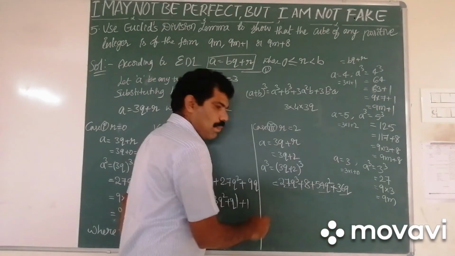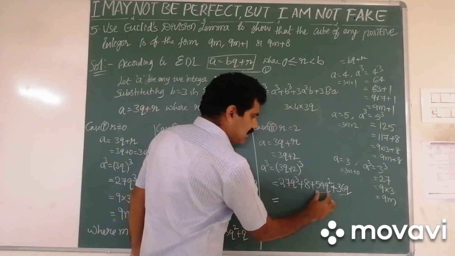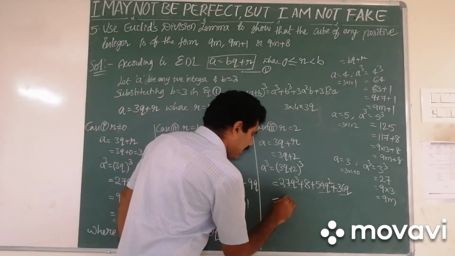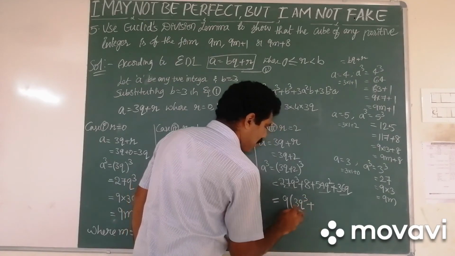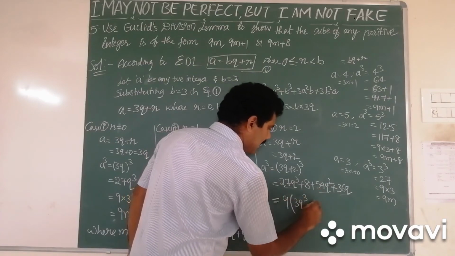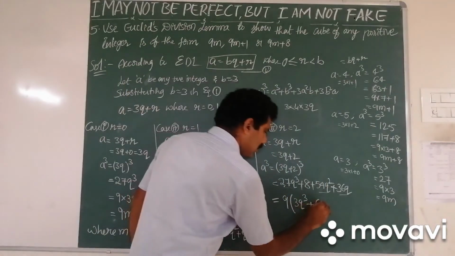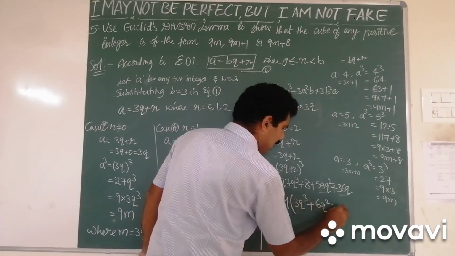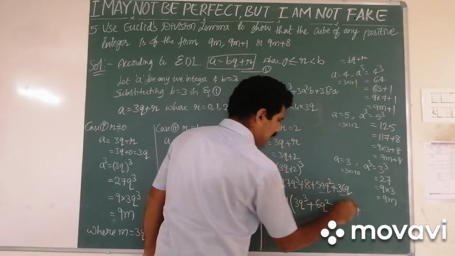Now see here, in these 3 terms, 9 is a common factor. Now if I take 9 out, 3q cube plus, see 9 threes are 27, q cube. 9 sixes are 54, so 54q square, plus 9 fours are 36, and this 8 I am writing outside.